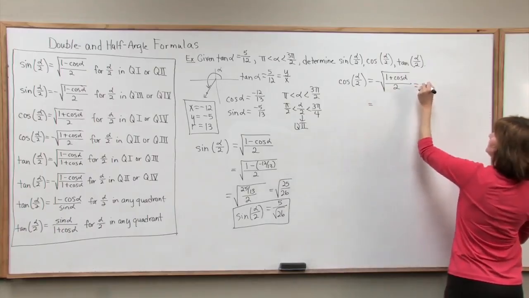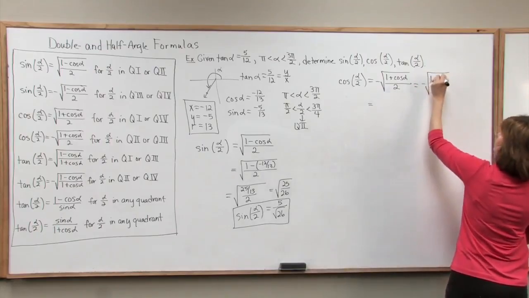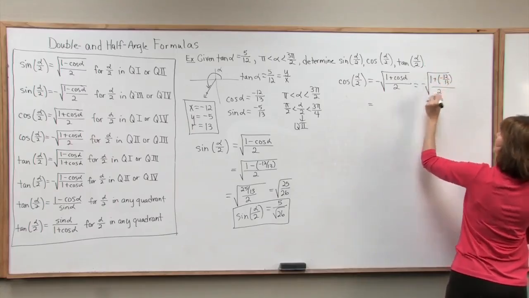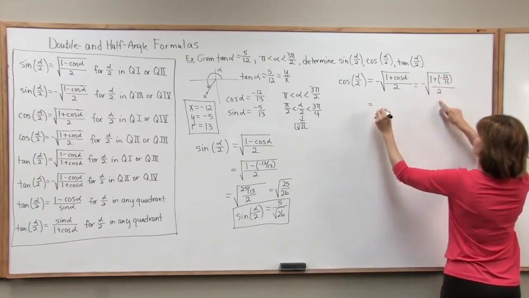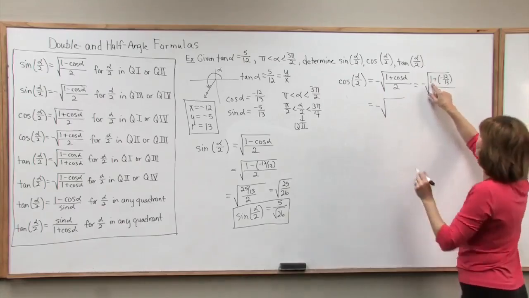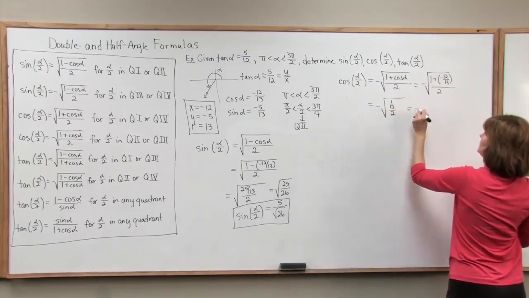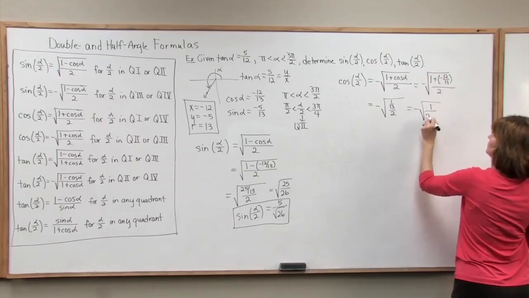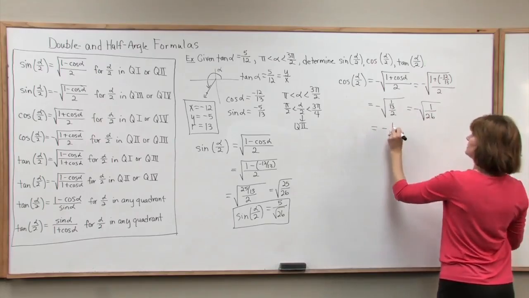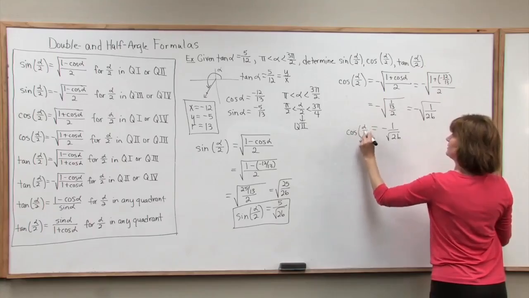Cosine of alpha was negative 12 over 13. And so what is that? That's 13 over 13 minus 12, so that's 1 over 13 over 2, which is the same thing as 1 over 26. And square root of 1, of course, is 1, so this is negative 1 over the square root of 26.